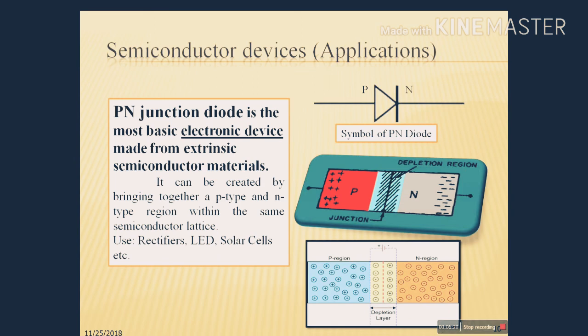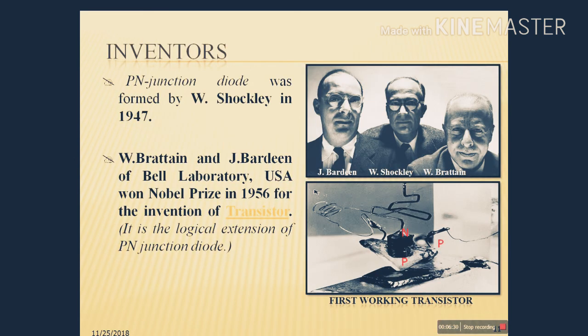The main function of the diode depends upon this depletion region. The p-n junction diode was invented by Shockley in 1947. He and his co-workers got the Nobel Prize in 1956 for the invention of the transistor, which is a logical extension of the p-n junction diode.